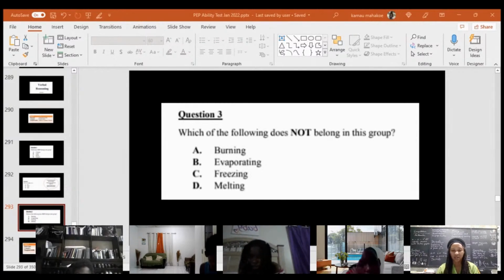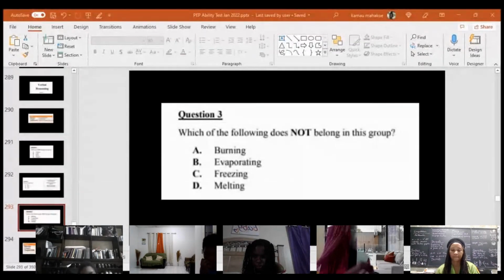What do they all have in common? First of all, what's similar about them? Can anyone explain what's similar?